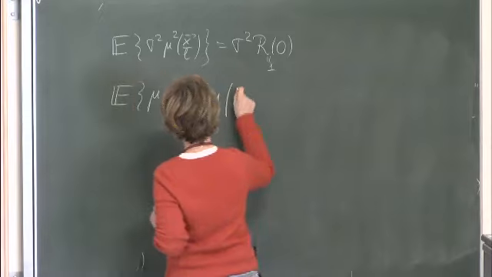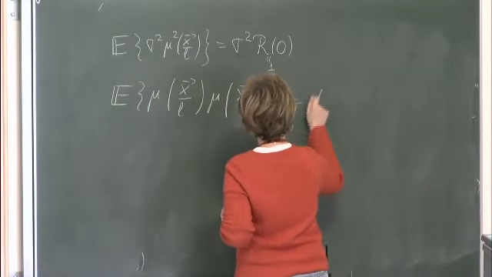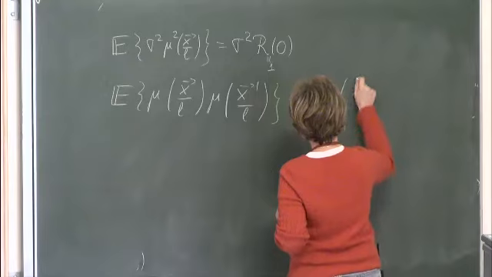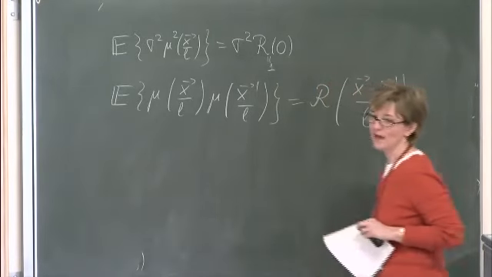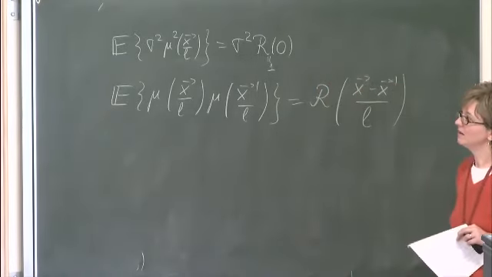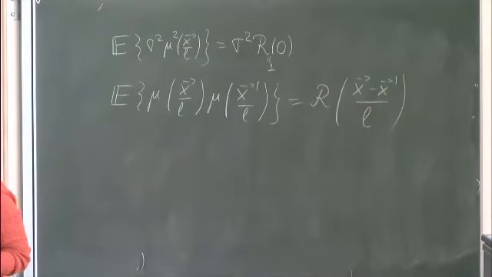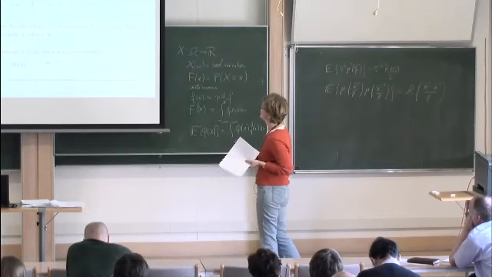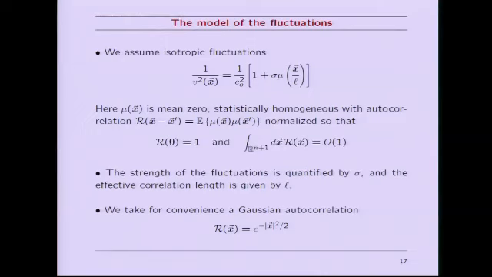So now if you look at this, then this is the autocorrelation with arguments scaled by L. And what we assume here, which is really an important assumption, is that the medium that I use here lacks long range correlation.